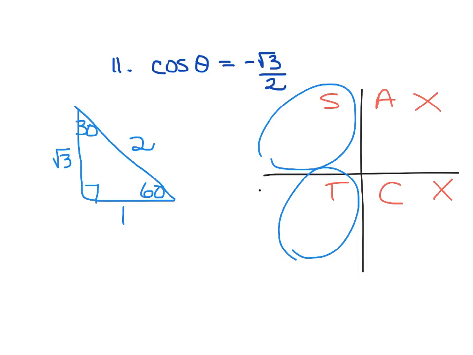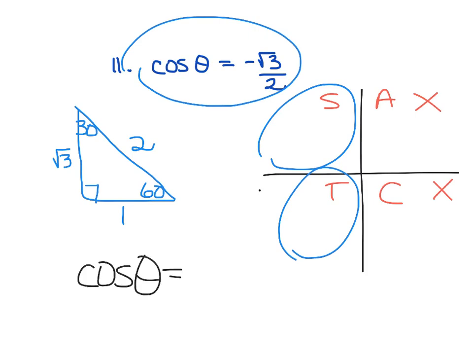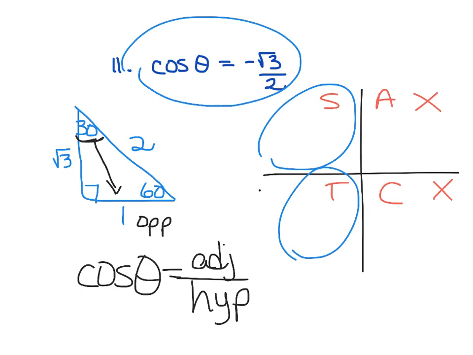Now, I'm going to take what was given to me. And I know that cosine is going to be adjacent over hypotenuse. I now need to figure out, does the 30 have the square root of 3 as its adjacent? So for the 30, the 1 is opposite and the root 3 is adjacent.